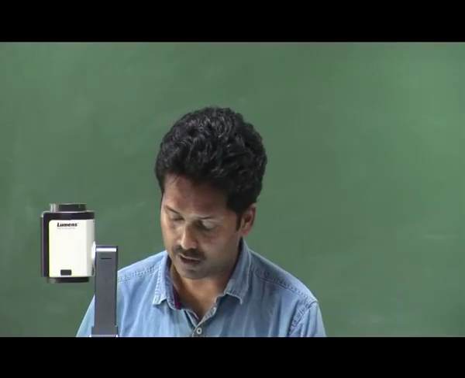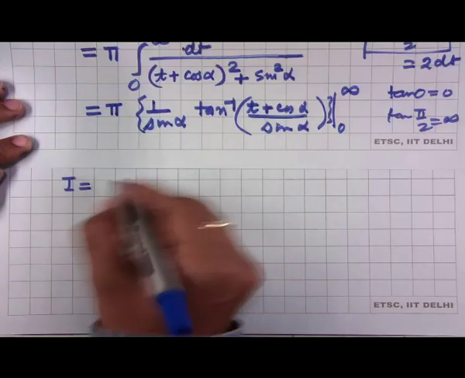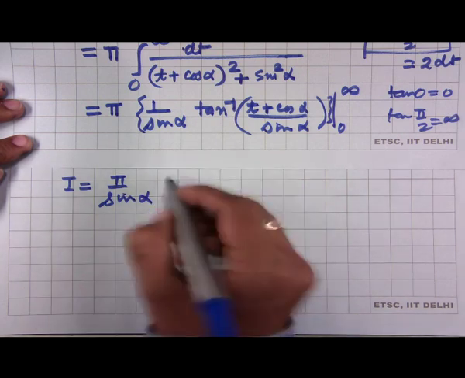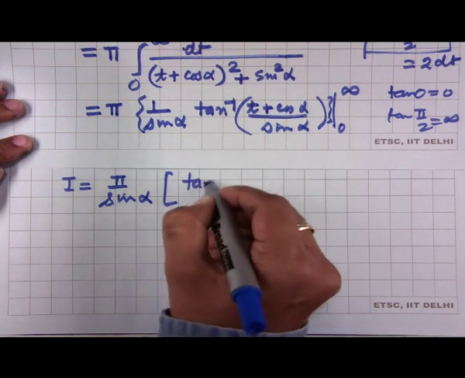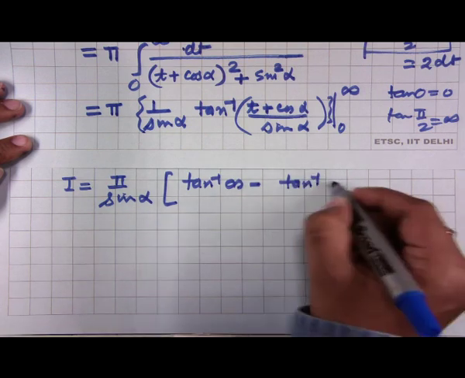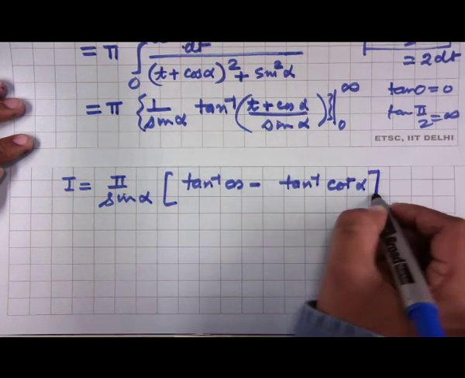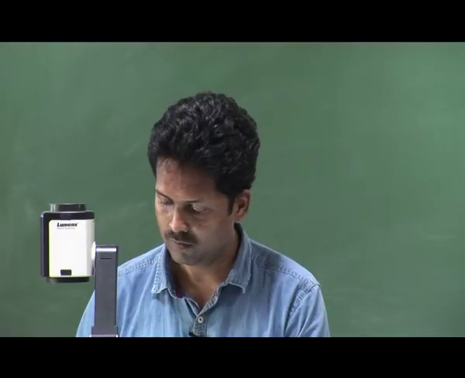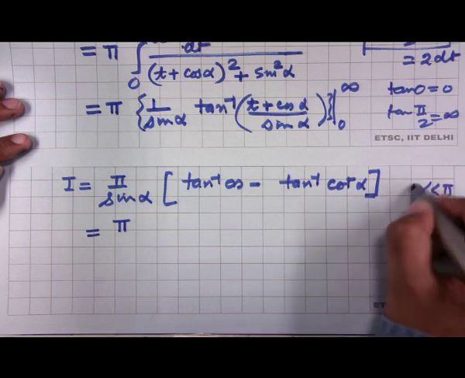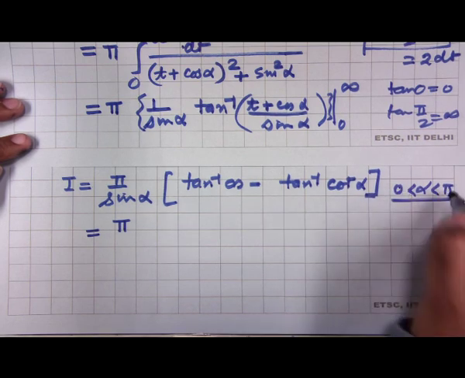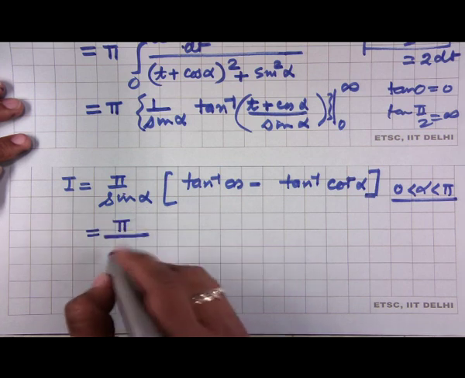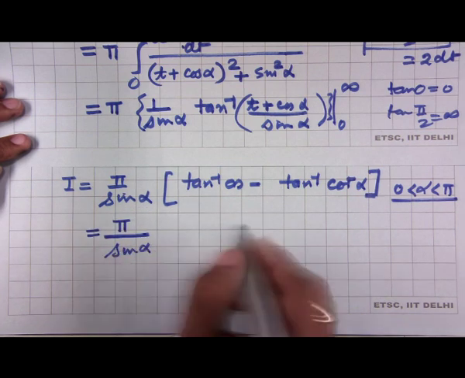So finally you arrive at I is equal to pi by sin alpha, which is constant, so you can take it out. We get tan inverse infinity minus tan inverse cot alpha. Because alpha lies between 0 and pi, it is not 0 or pi, so sin alpha is non-zero, so it is defined.